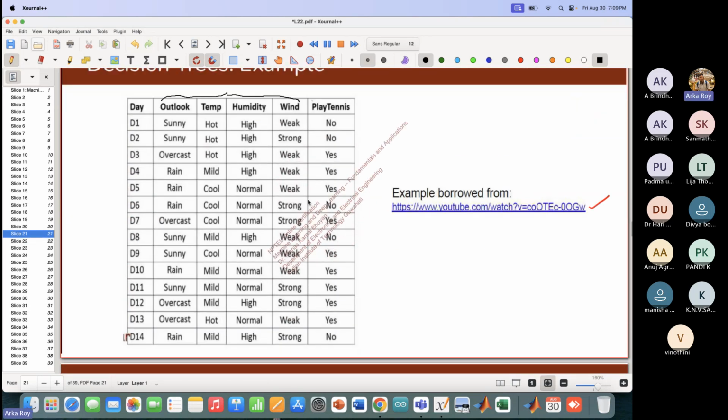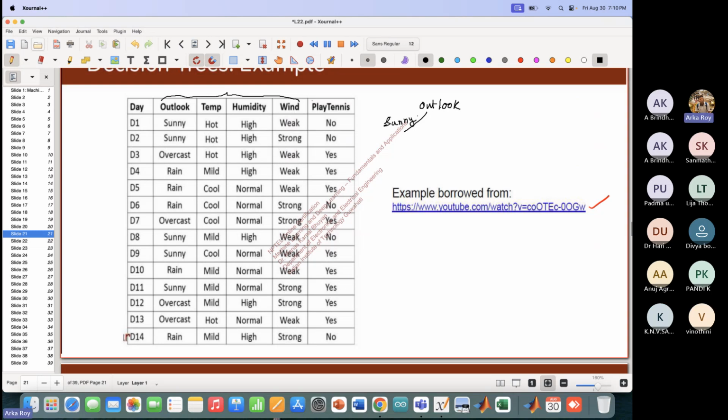So let's say you can start like this. I will give you some possibilities. Let's say you can start with Outlook. If Outlook is sunny, there are three conditions that you can see: sunny, overcast, and rain.